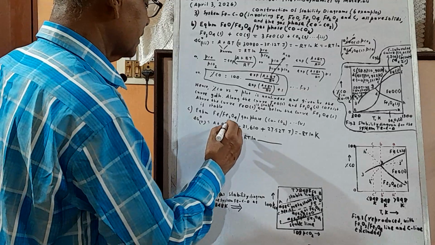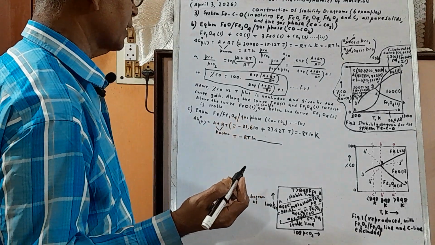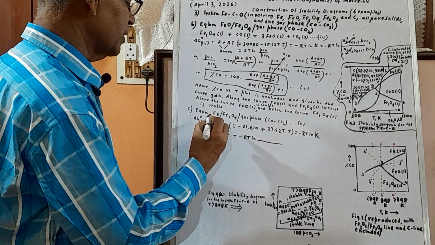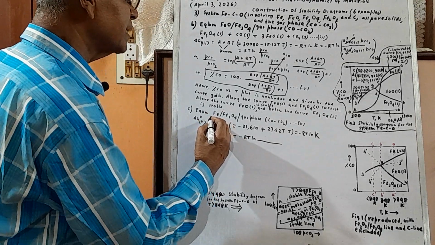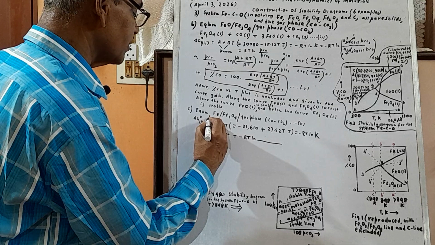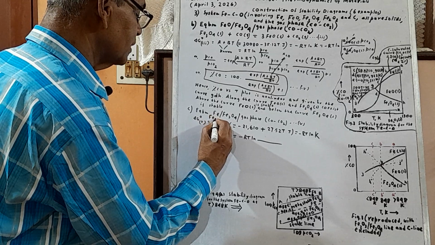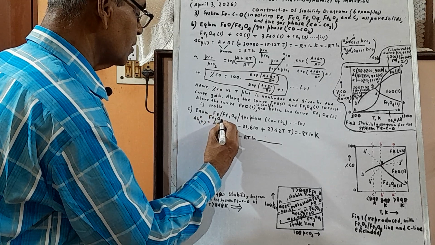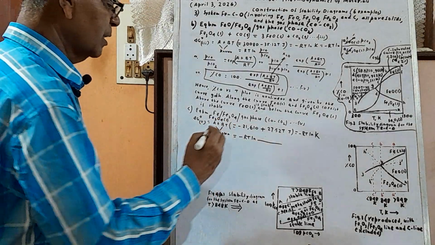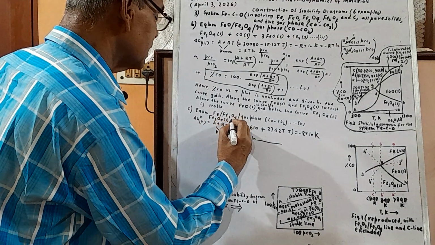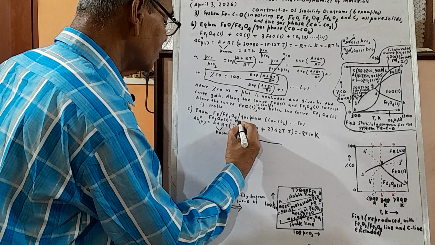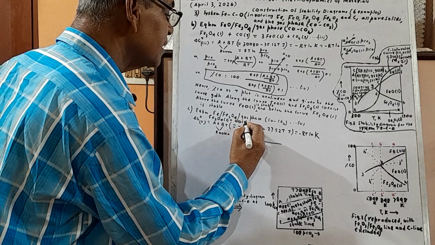Oh, I'm sorry, I have not written the reaction first. The reaction should be written, I'm very sorry. I write the reaction here. Fe2O3, I'm very sorry. Reaction or equilibrium: Fe3O4 solid plus CO gas.